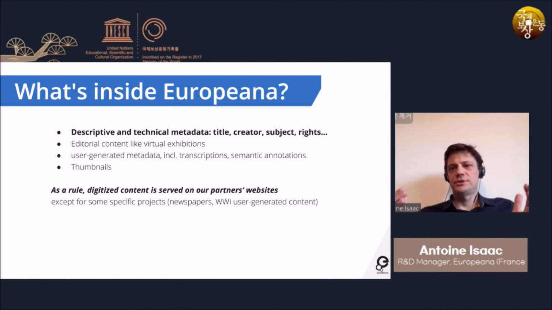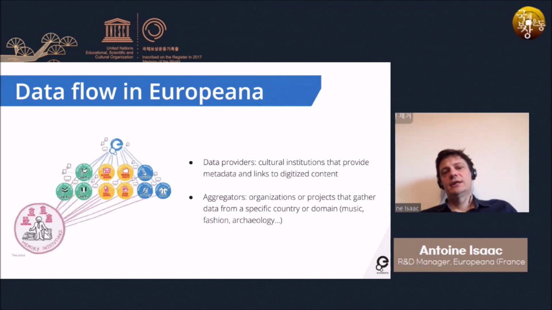So Europeana is a portal. People find references to cultural heritage objects on Europeana, and then if they really want to consume the material, they go to a specific museum website, for example. That really explains why metadata is so important.